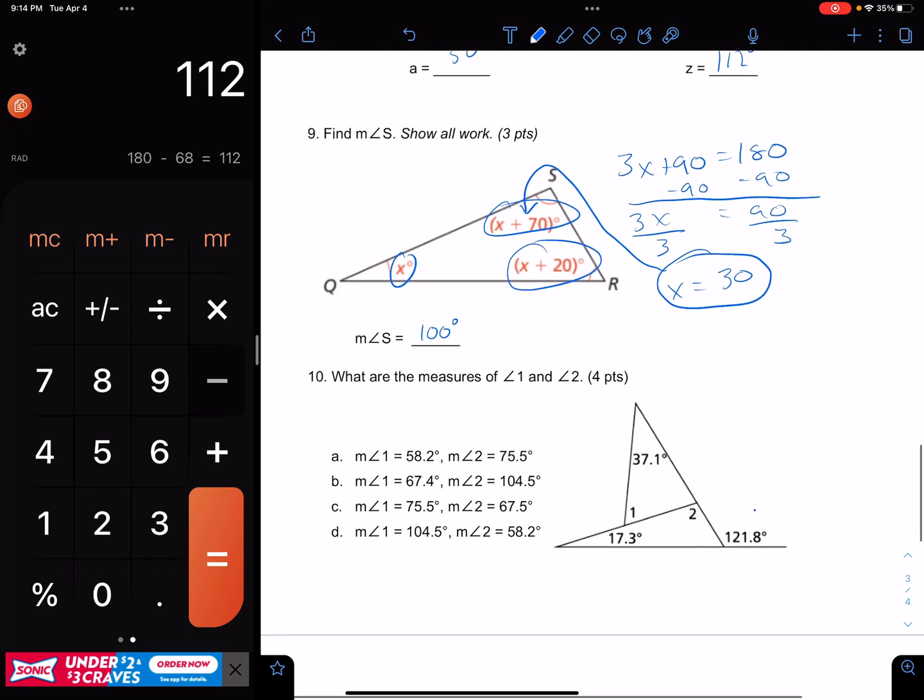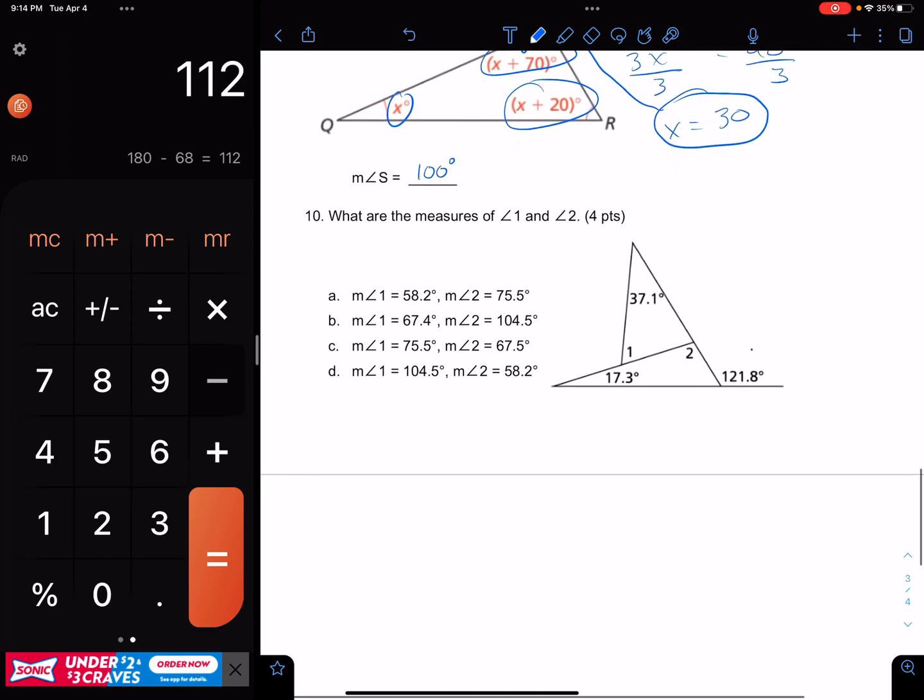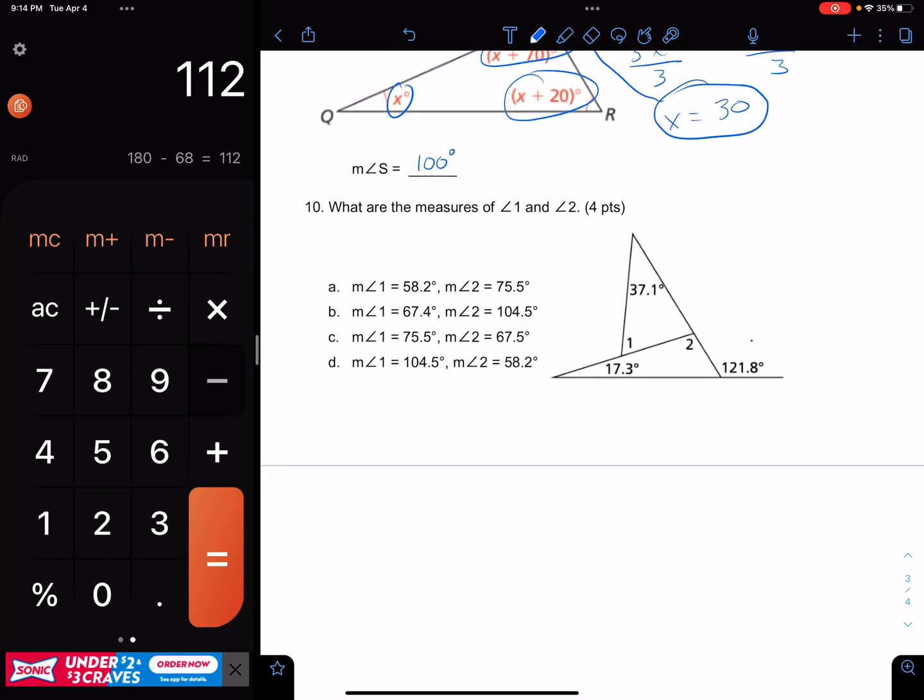Okay, on to the last one here. So it says find angles 1 and angle 2. Remember, a triangle adds to 180 degrees. A straight line is also 180. So there's several ways to do this. To find this one, though, I'm going to do 180 minus 121.8, and that equals 58.2.